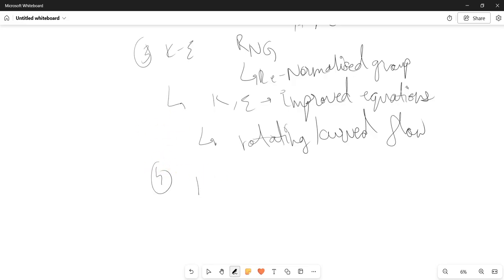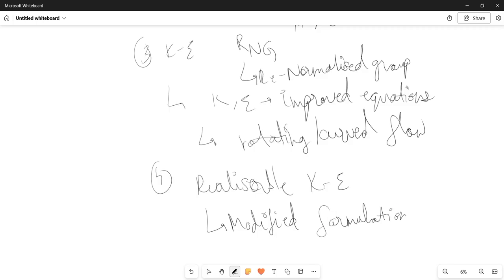Then the next one you have is realizable K epsilon. This is again modified equations, built upon the standard K epsilon, right? It's just not much change, just for faster and more accurate results.